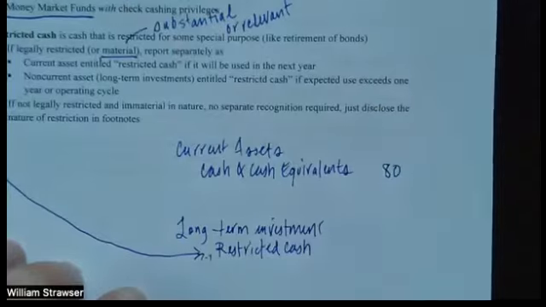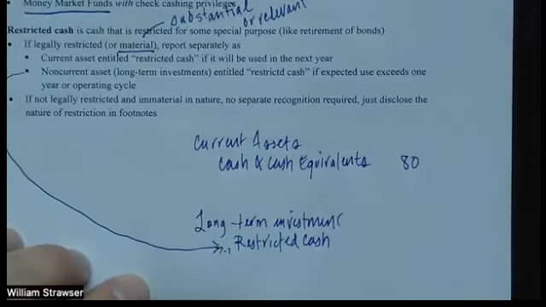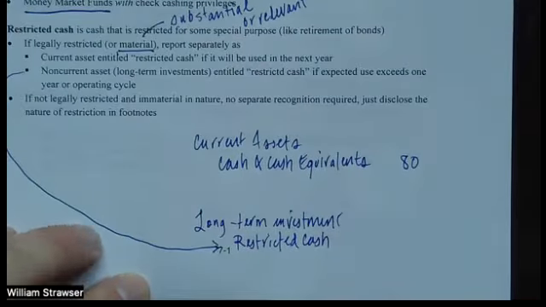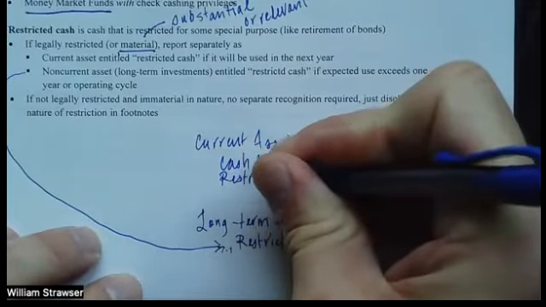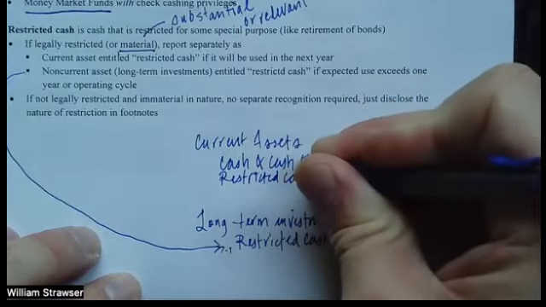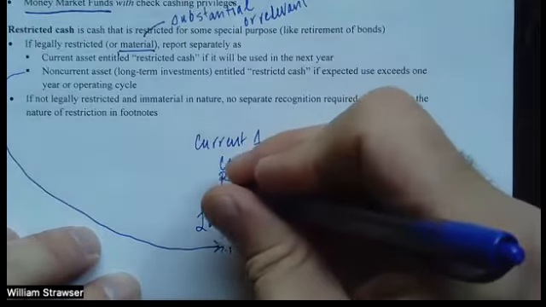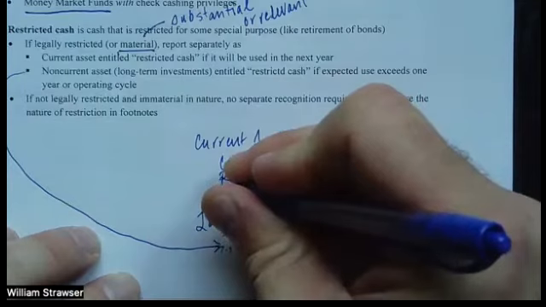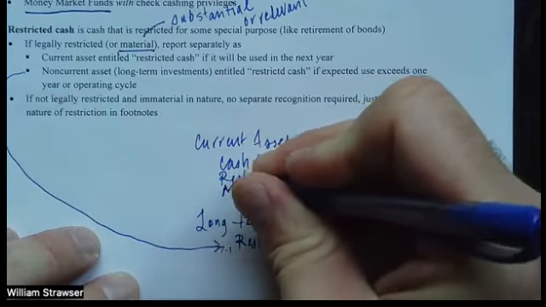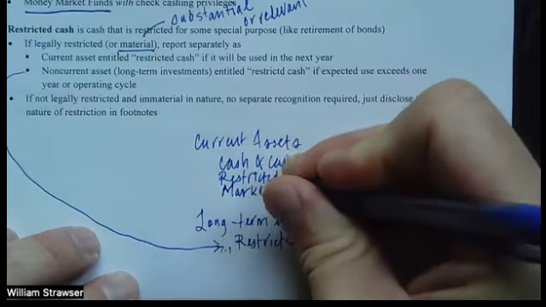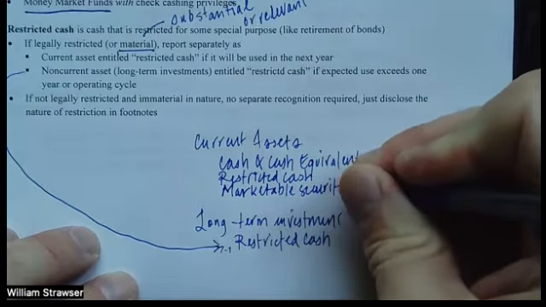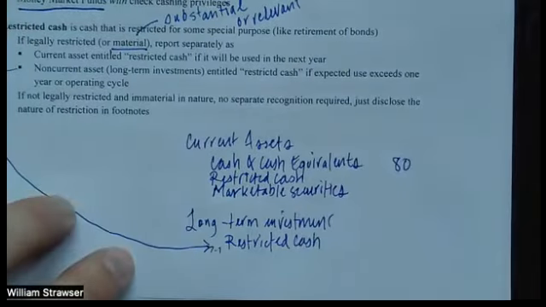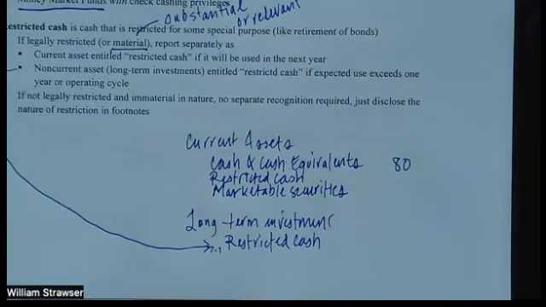Now, if these restrictions are going to expire within the year, then we put the restricted cash up here, and it can even be listed as more liquid than a short-term investment or marketable security, because it's already in its primary form. It's in cash. It just has some restrictions that are barring us from spending it, using it.